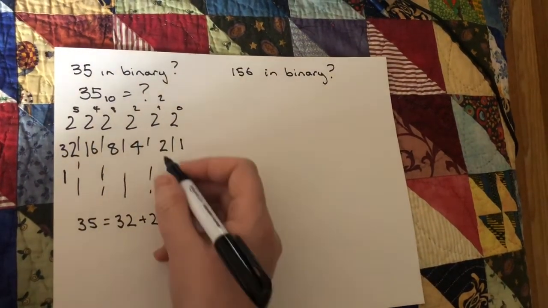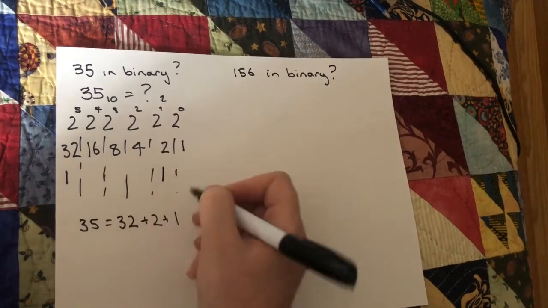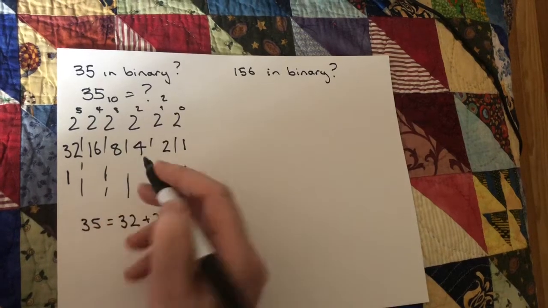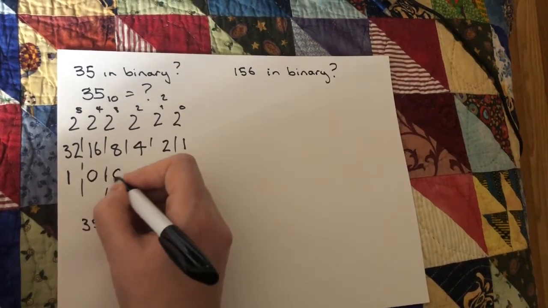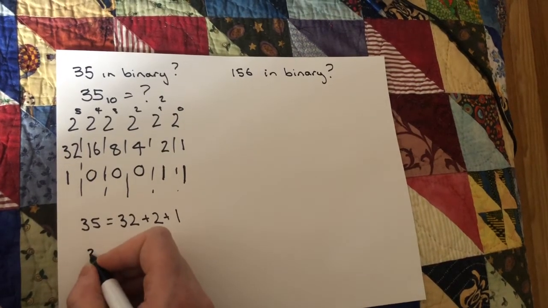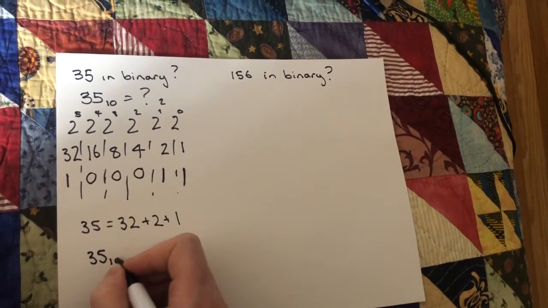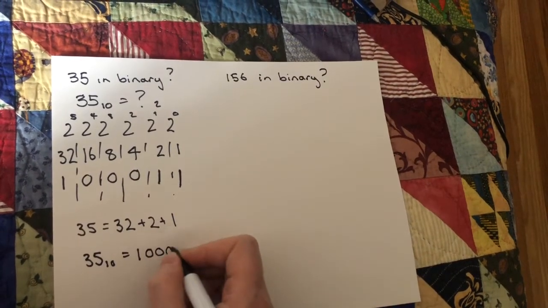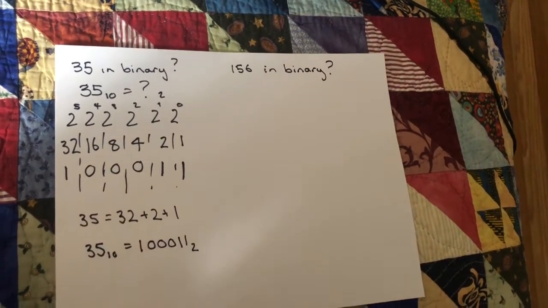Here's my 2 column here, so I have 1 there. And here's my 1s column. And the 16, 8, and 4 columns, I place zeros. So that means that 35 to the base 10 could be written as 1, 0, 0, 0, 1, 1 to the base 2.